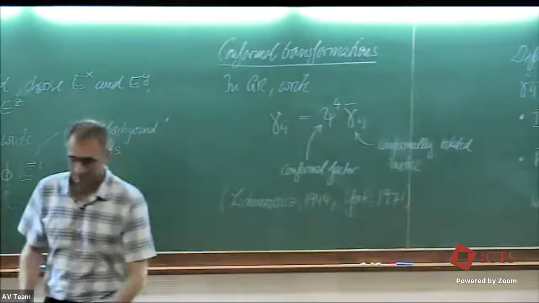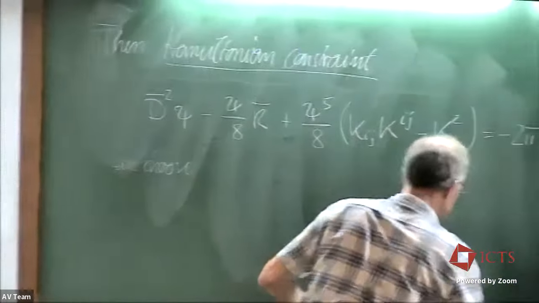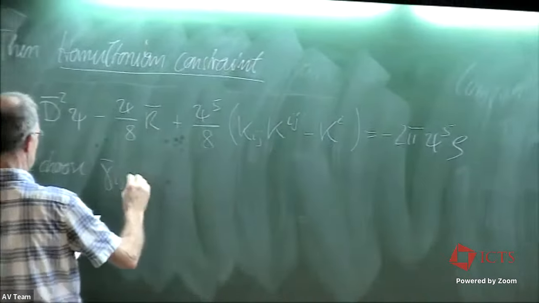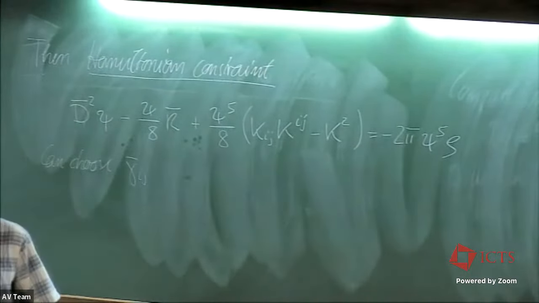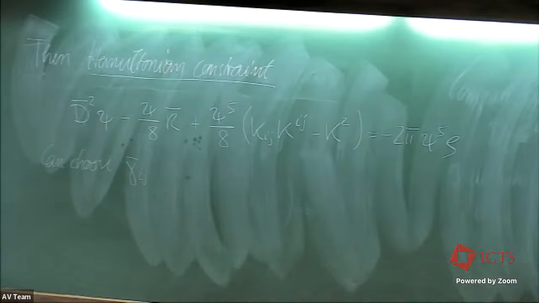Okay, so let me write that down. We can choose gamma bar ij. What that means in our earlier language is that we declare our gamma ij bars to be our freely specifiable variables.